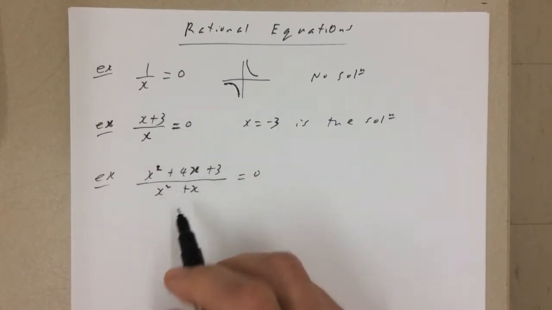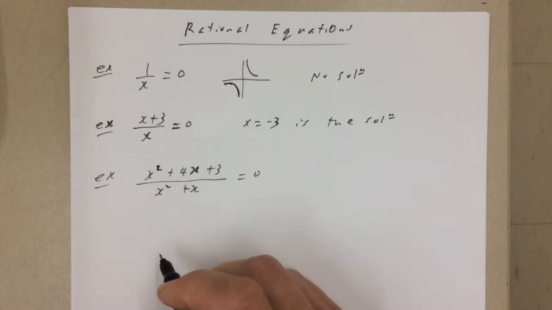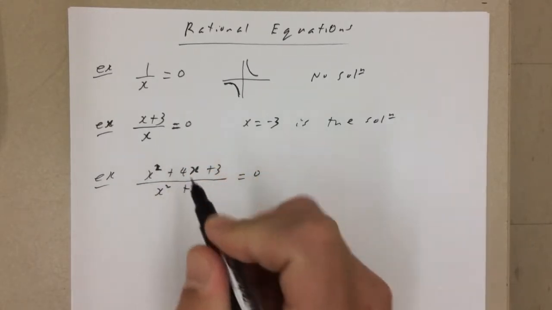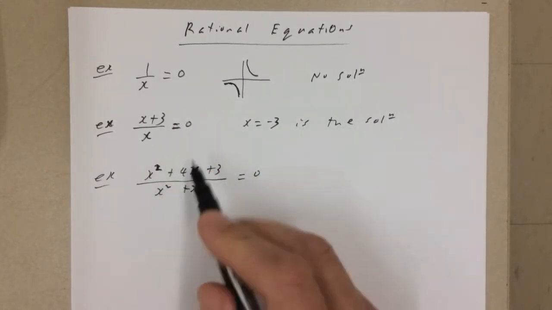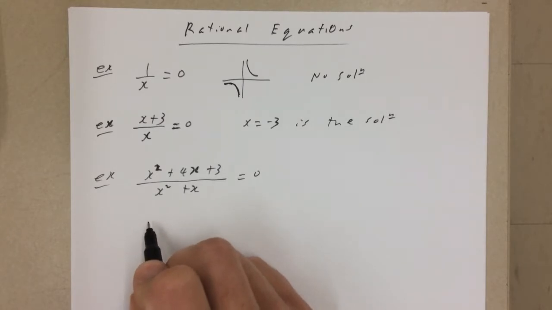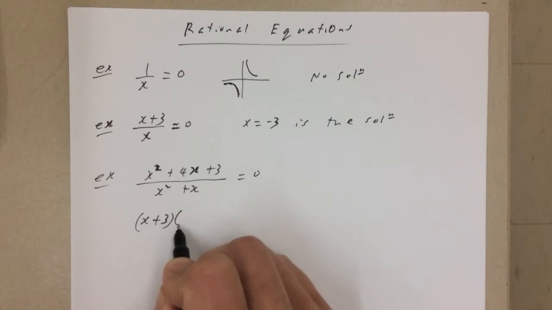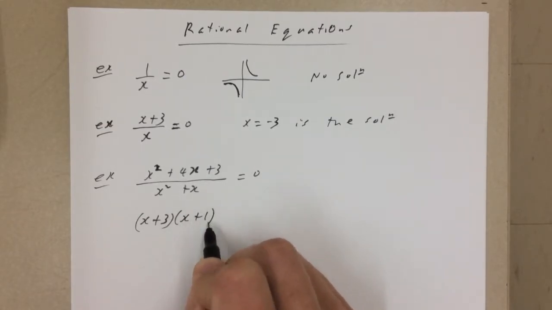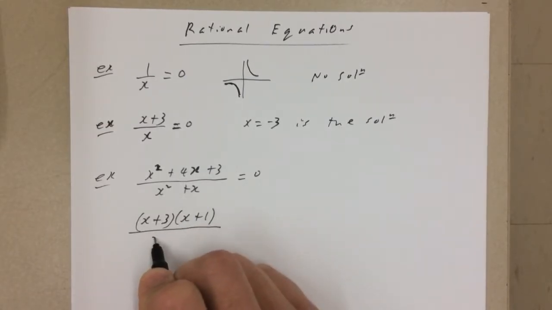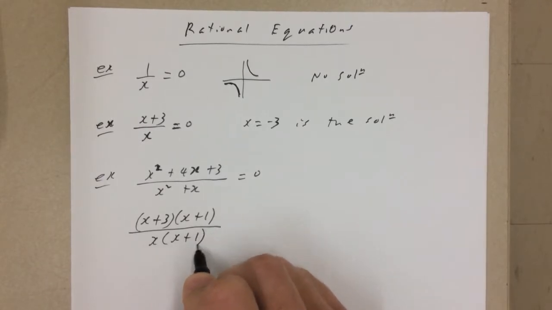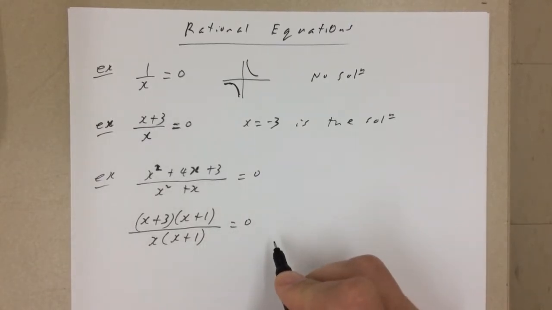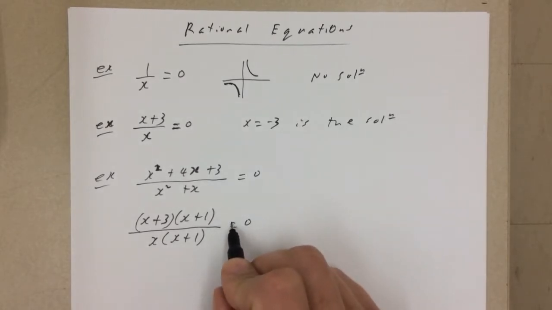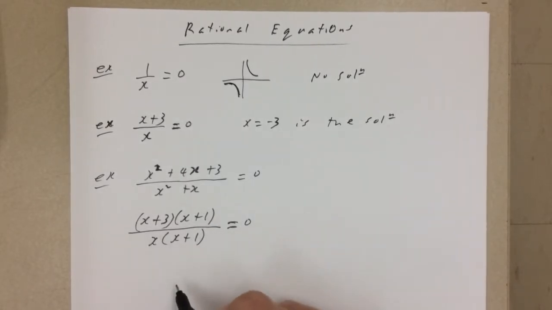But we also have to factor the bottom, because we don't want solutions conflicting with numbers that can't be used in this expression. The top factors to x plus 3 times x plus 1, and the bottom factors to x times x plus 1, equals 0. We can cancel out the x plus 1's.